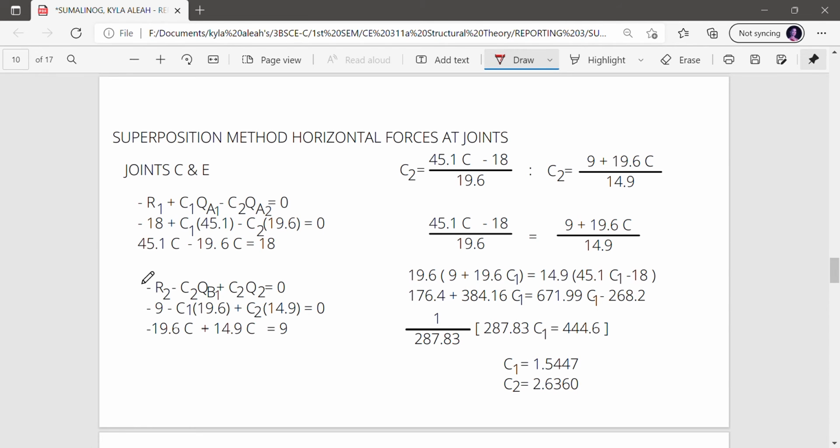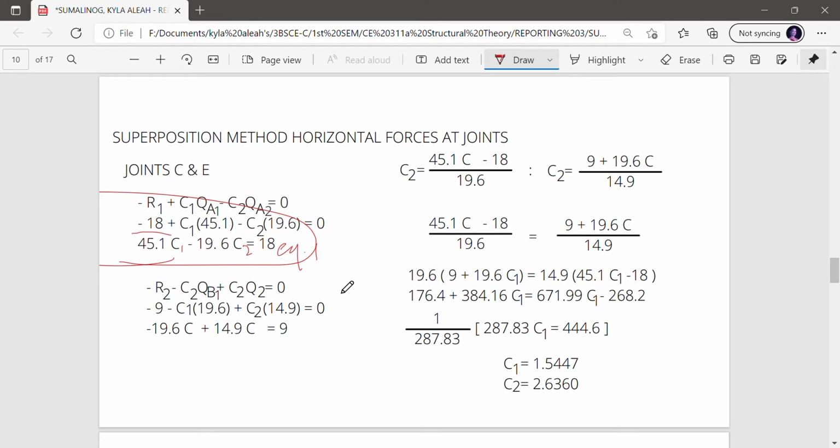This is for us to be able to get C1 and C2. So this is the lateral force 18K plus C1 times 45.1 minus C2 times 19.6 equals 0. So we already have our first equation, since we can't get its values yet. This will be considered as our equation 1.